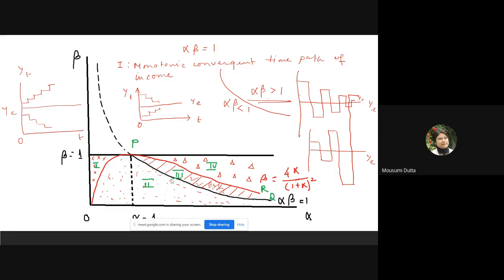Here, beta is less than 4 alpha by 1 plus alpha whole square, and hence the time path will be oscillatory in nature.